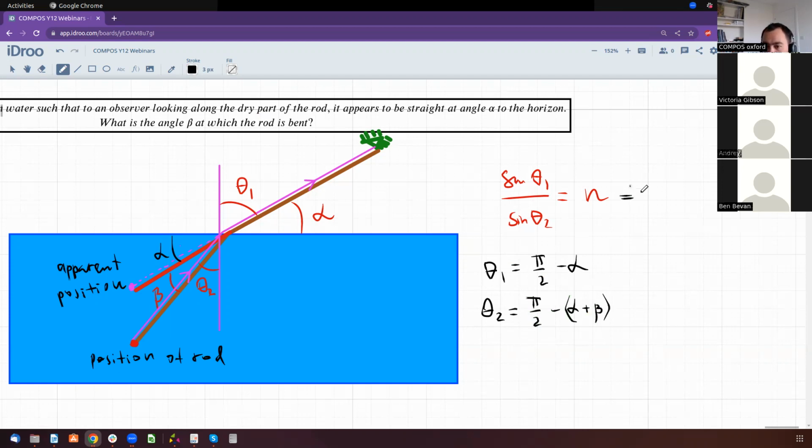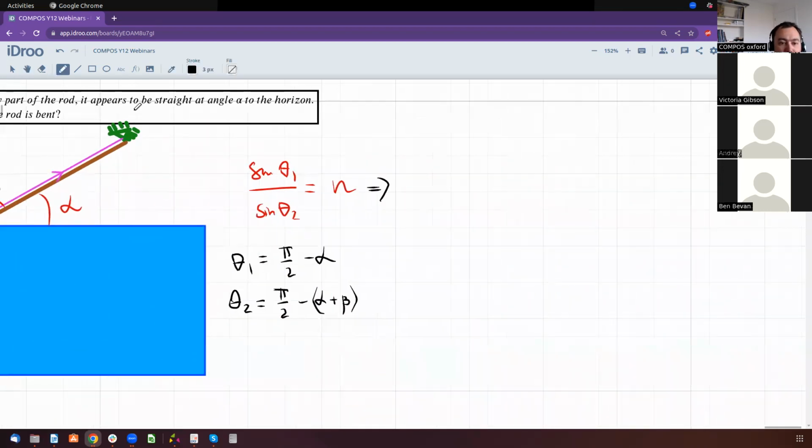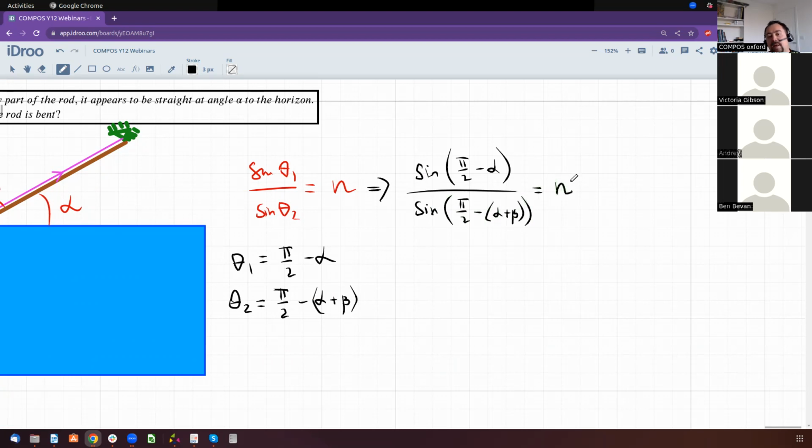From here we can write down sine of pi over 2 minus alpha over sine of pi over 2 minus alpha plus beta equals n. What is sine of pi over 2 minus alpha?